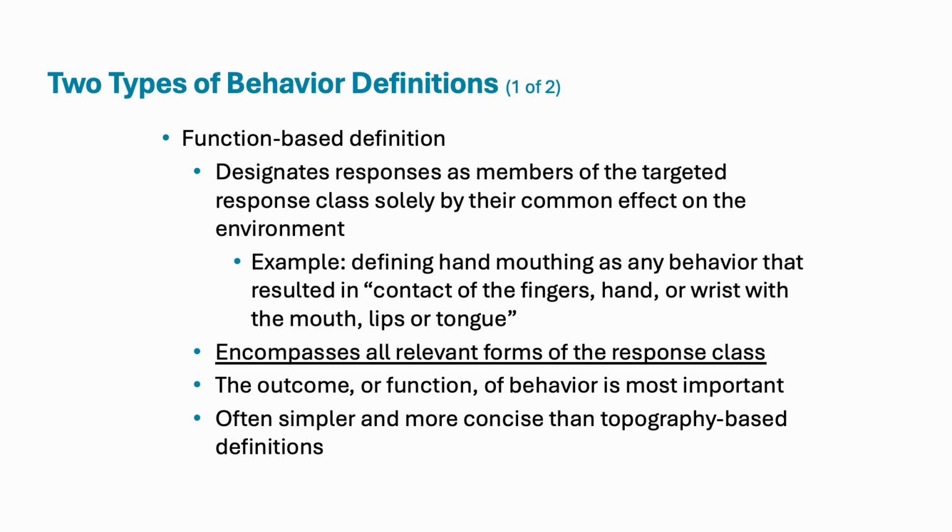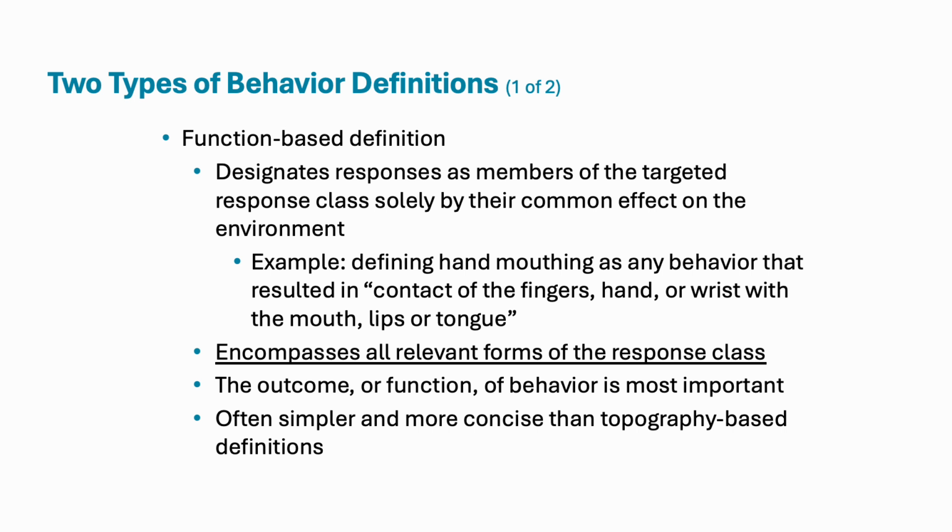I could also define it as each instance in which Jimmy places the back of his hand in his mouth. I could try to define all of the different topographies that encompass this behavior, or I could define it using a function-based definition, which is much simpler and will help me capture all of the different responses in the response class, which is what I was telling you about earlier.